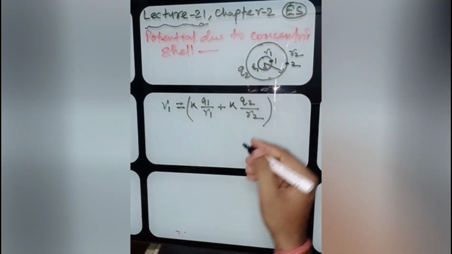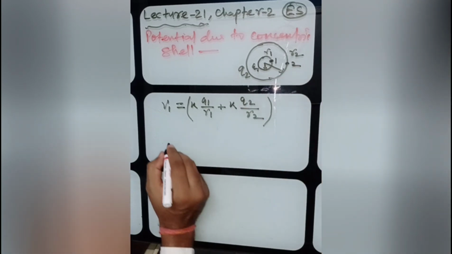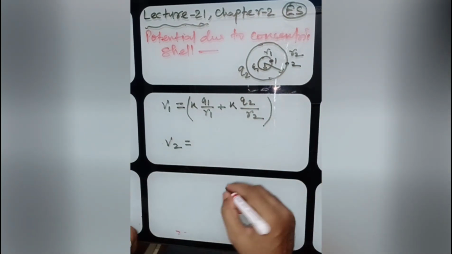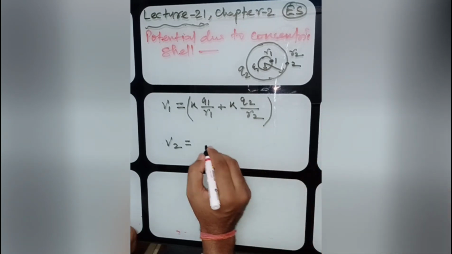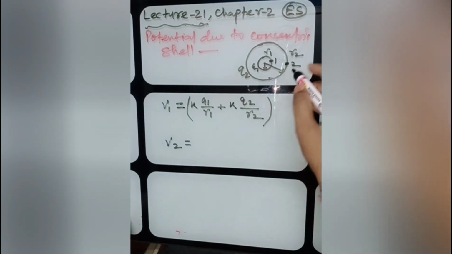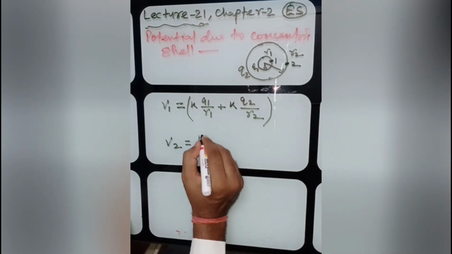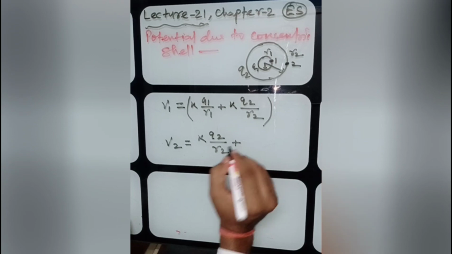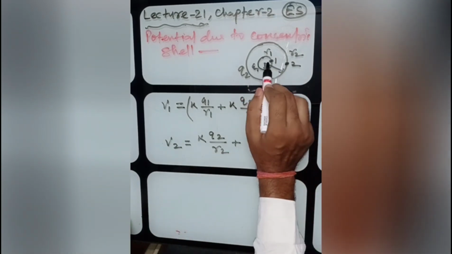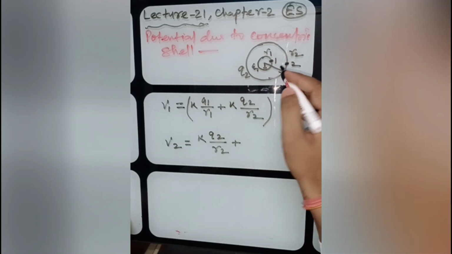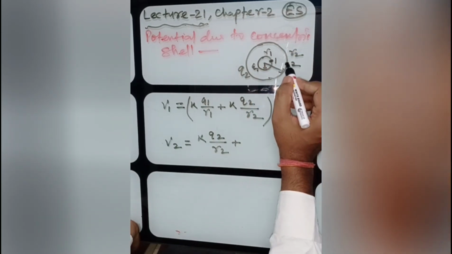But if we talk about the potential at point 2, now at 2 the potential due to this cell will be K Q2 by R2. But as we have derived, outside the cell there will also be potential due to the other cell at this distance.